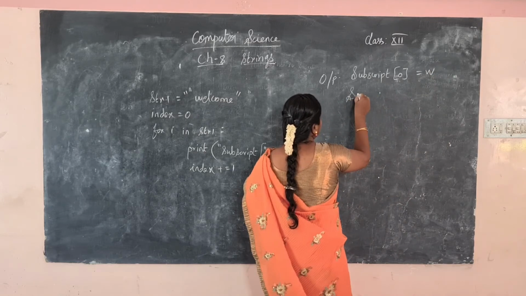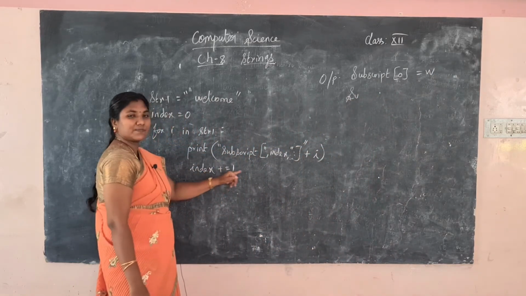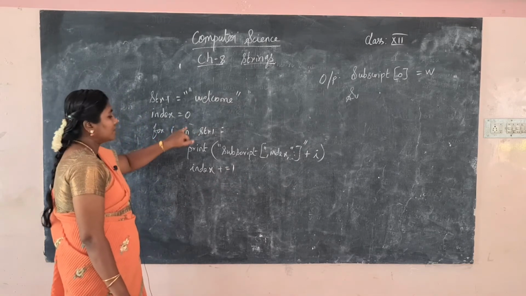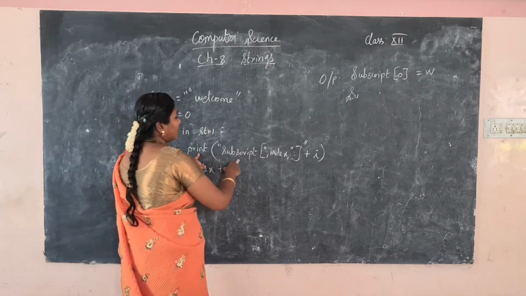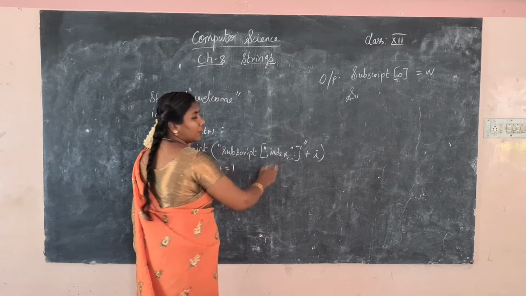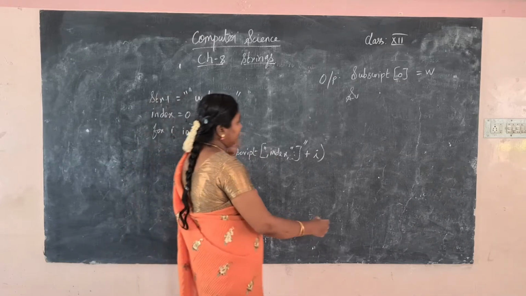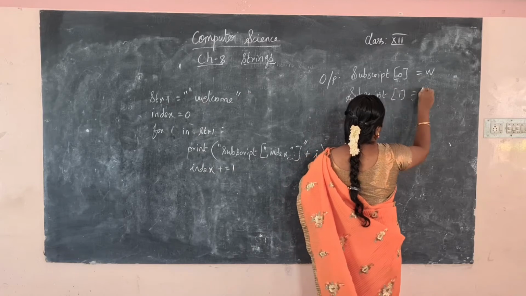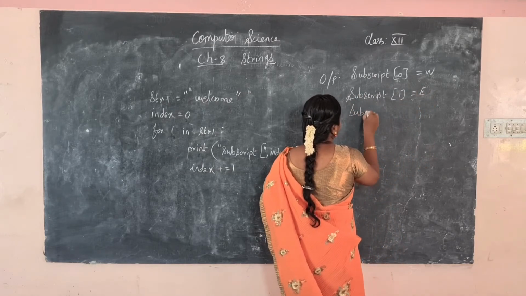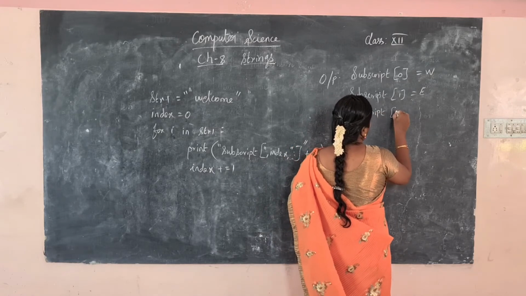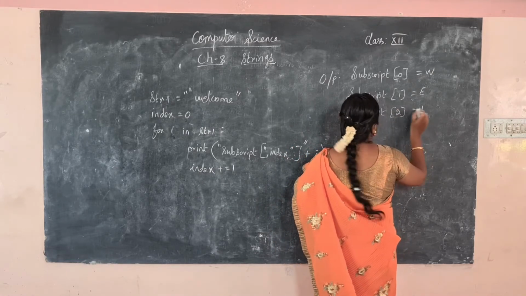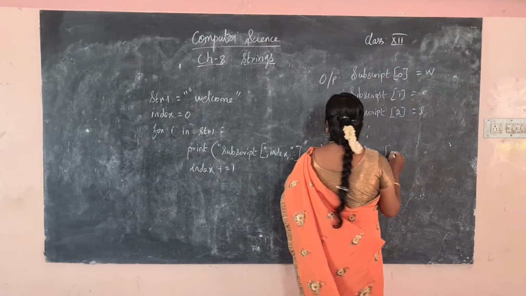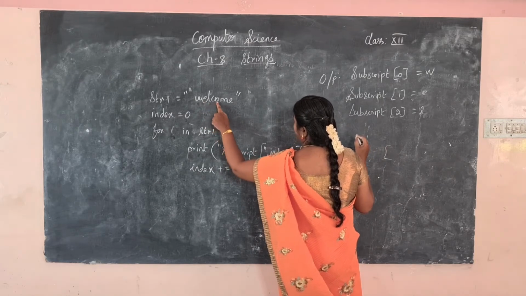And next, index is equal to index plus 1. Now the index value is incremented by 1. So now the print statement will be print subscript of 1. Subscript of 1 is E. Similarly, next the index will be incremented to 2 and then it will be L. Like this it will go on printing all the characters up to 1, 2, 3, 4, 5, 6 and 7.